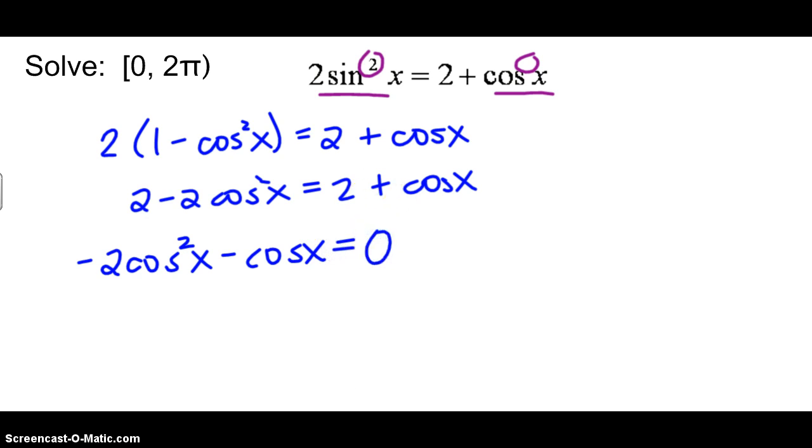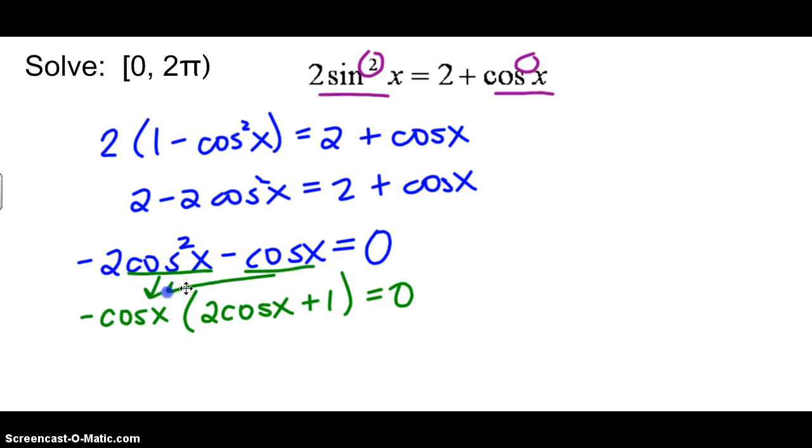Now, I'm going to factor out what I have in common. So both of these things have a negative sign, and they have a cosine, which will leave me with 2 cosine plus 1 equals 0. So again, I took out a cosine and a cosine, and I was left with 2 cosine plus 1. I yanked out that negative also.